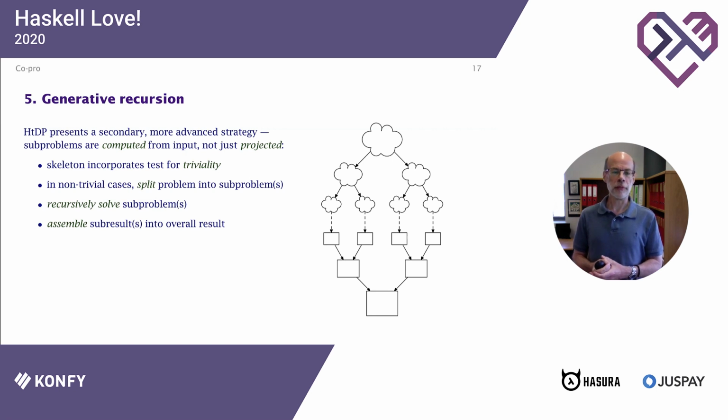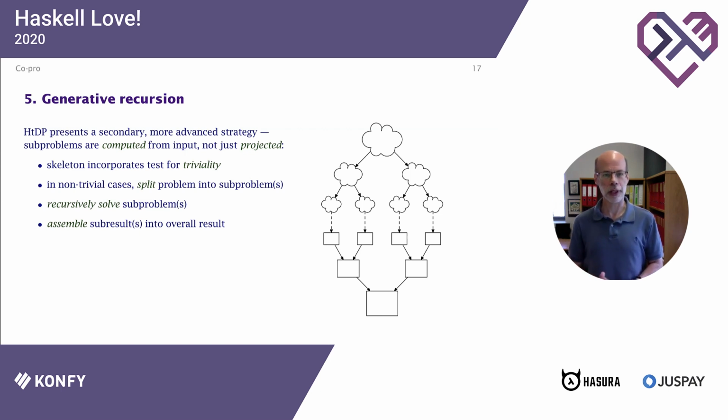So the skeleton for generative recursion incorporates a test for when the problem is trivial. When the problem is trivial, you don't divide it into subproblems, you just solve it directly. And when the problem is non-trivial, then you have to split it into subproblems, doing some computation somehow. Recursively, you solve each of the subproblems, and then you assemble the results of those subproblems into the overall result.